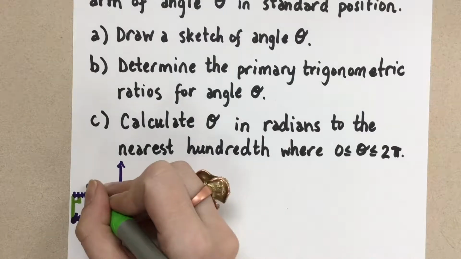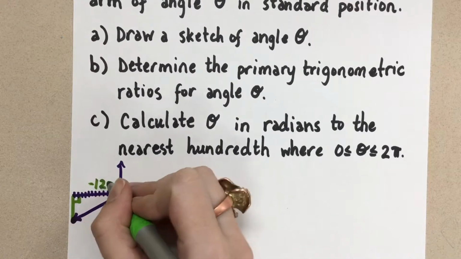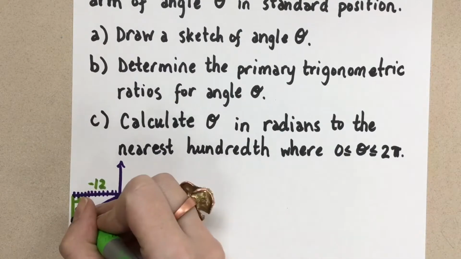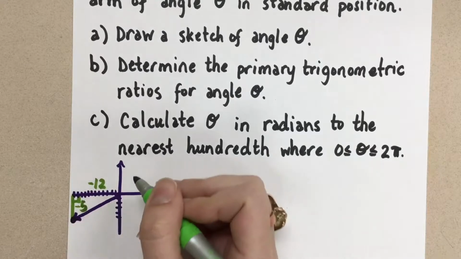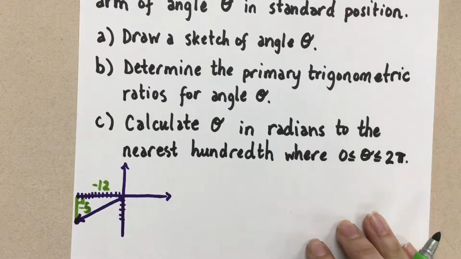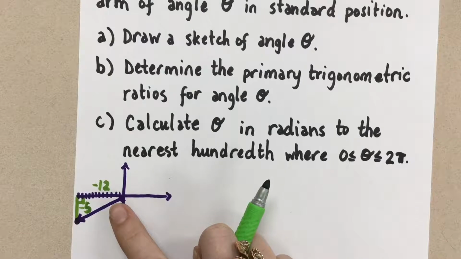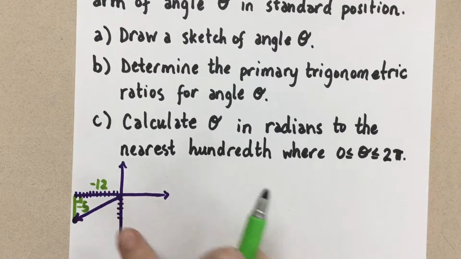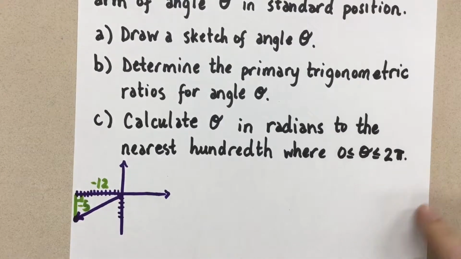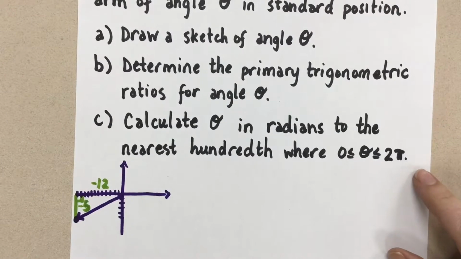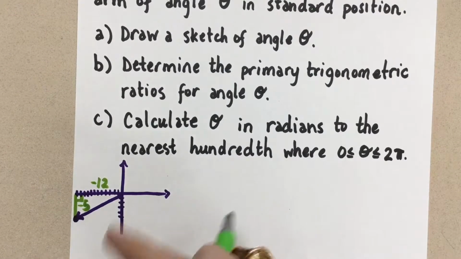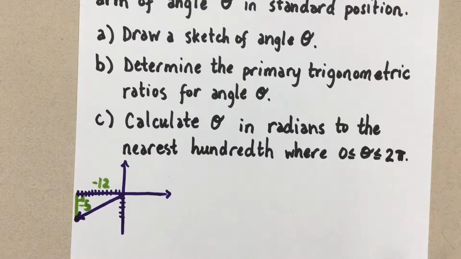This one here is -12, and this side length right here is -5. Now, if you don't use the negatives on the side lengths of your triangle, because they are side lengths, that's okay, because you can refer to the cast rule at the end for the negative values on your trig ratios. But if you do them now, you won't have to worry about the cast rule later.